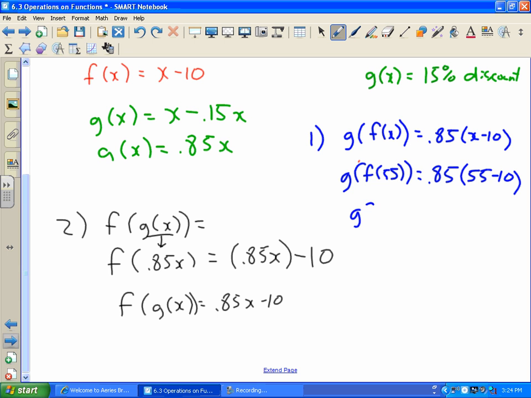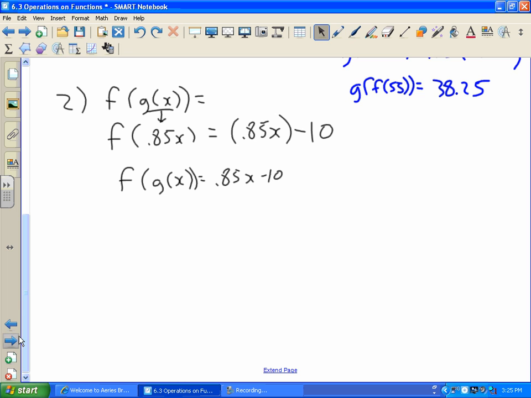And g of f of 55 is going to be 0.85 times 45. That was 55 minus 10 there. 0.85 times 45 comes out to be 38.25. Just calculator crunch on that.